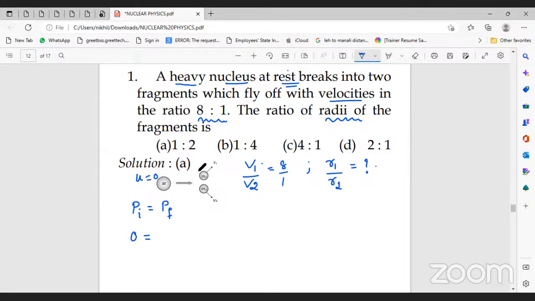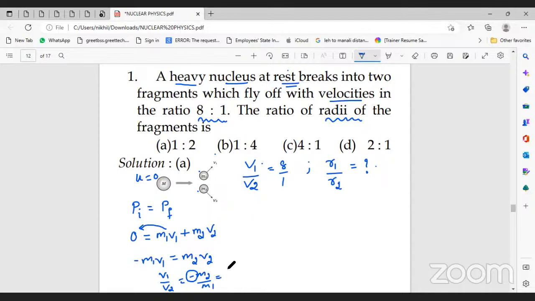Now this is going to split into two parts, m1 v1 and m2 v2. According to the conservation, 0 must be equal to m1 v1 plus m2 v2. Shift this term to this side. So minus m1 v1 is equal to m2 v2, or v1 by v2 is equal to minus m2 by m1. This negative sign indicates the two particles after disintegration are moving in opposite directions. So v1 by v2 is equal to m2 by m1.